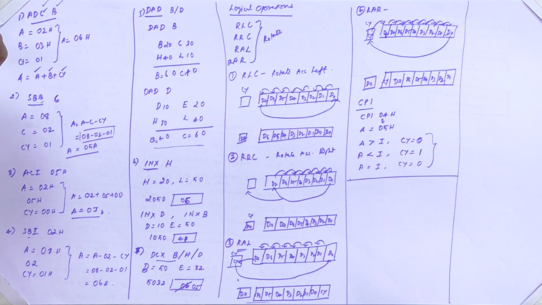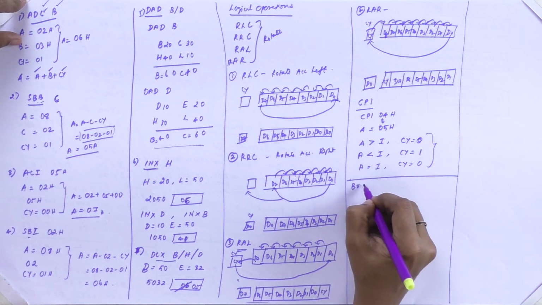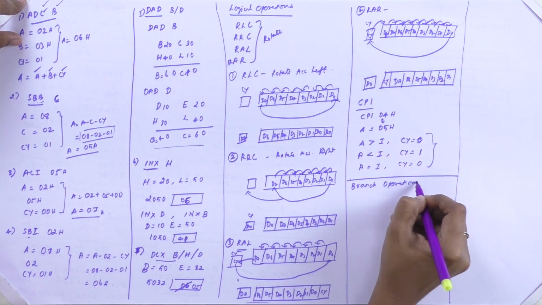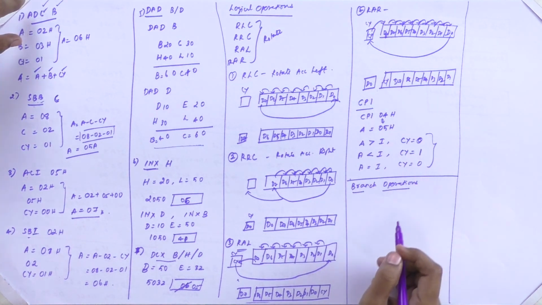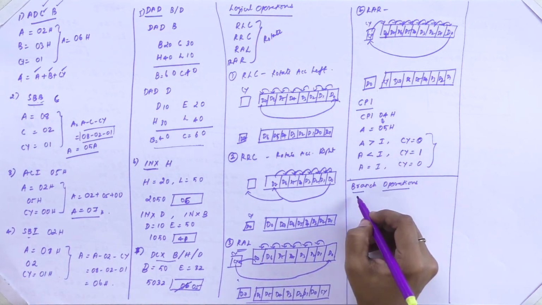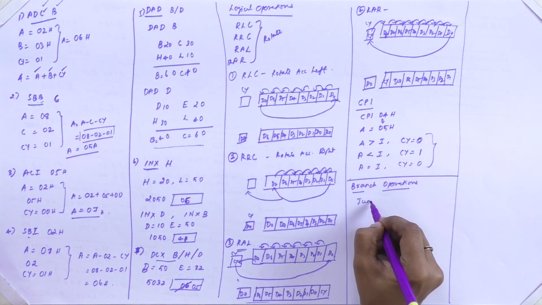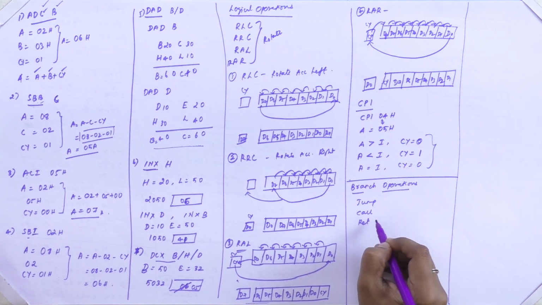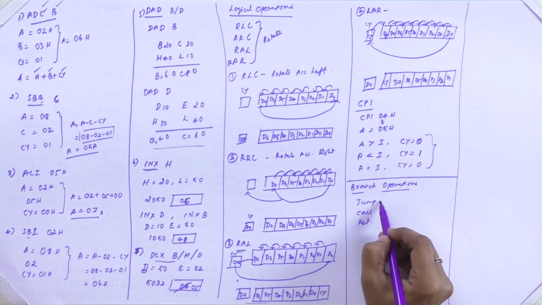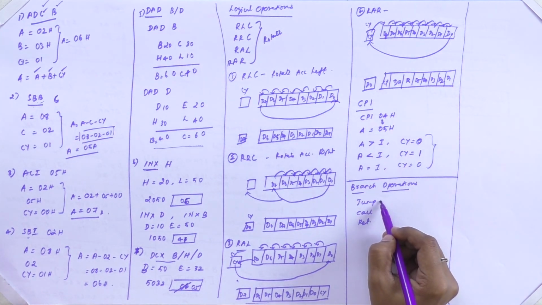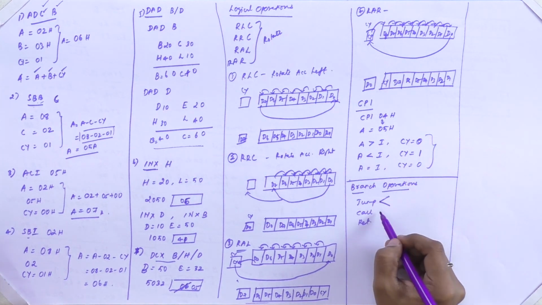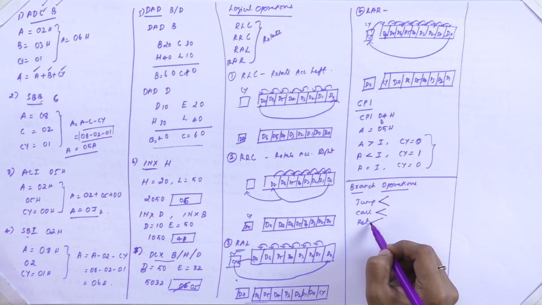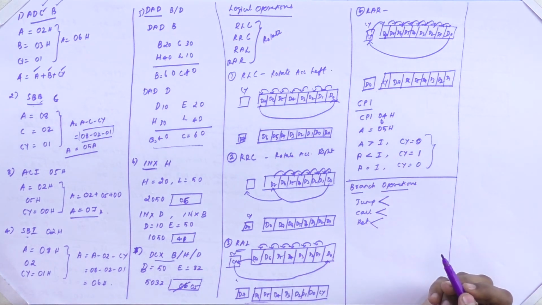Next is the branch operation. In branch operations, we have discussed all the branch operations in the last session itself. So the various types of branch operations are jump operation, then call operation and return operation. It is further classified as conditional jump, unconditional jump, conditional call, unconditional call, and conditional return and unconditional return.